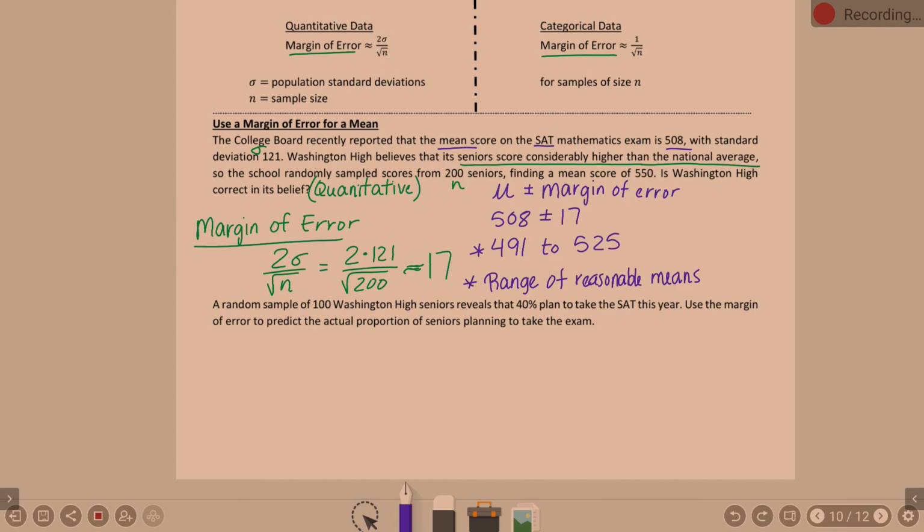Their belief was that their seniors scored considerably higher than the national average. Did they? Yeah, definitely higher. 550 is a decent amount higher than 525. So to answer that question, I'm going to say yes, correct, because 550 is above the range.